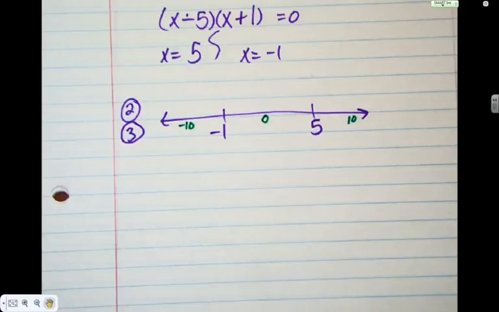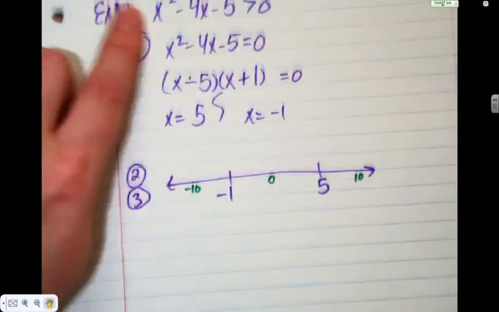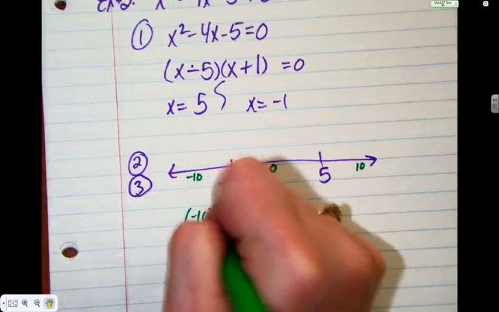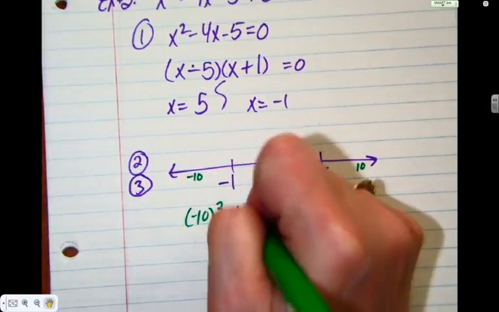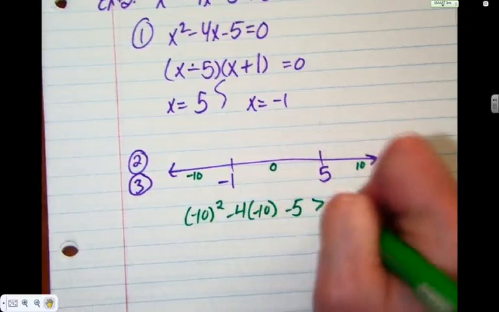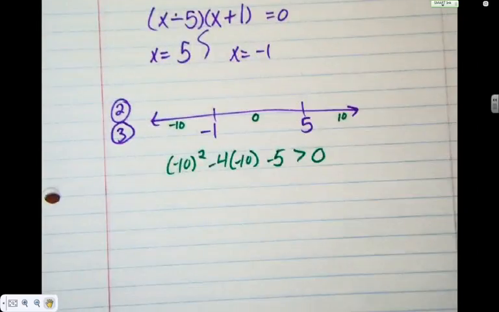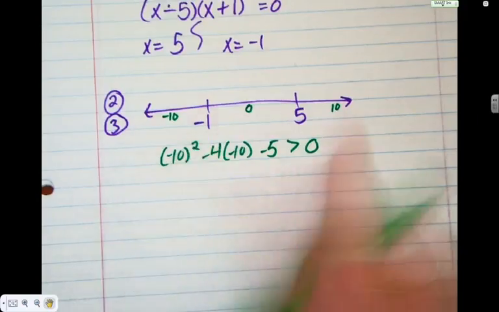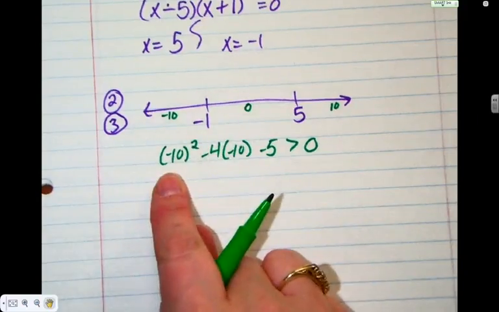I'm just going to show it for the first example so you see what we're doing. I'm going back to the original question, and I'm going to sub in -10. So I'm saying (-10) squared minus 4 times -10 minus 5 greater than 0. BEDMAS says exponents first, so (-10) squared.